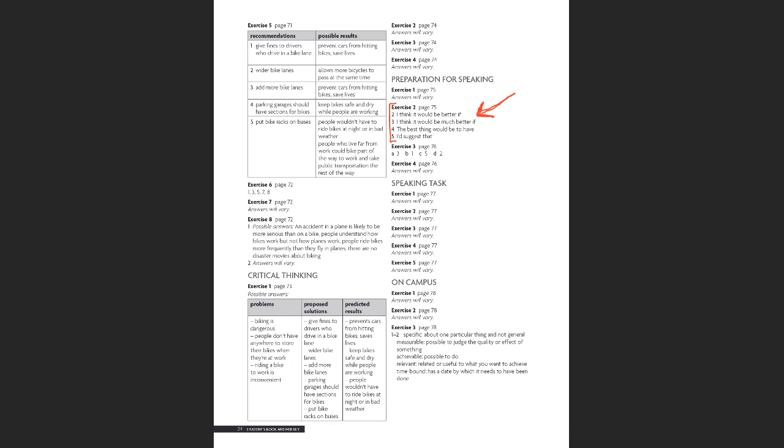And letter D will be number 2. Okay. Any questions there? This part on the screen, exercise 3. No, teacher, not me. Everybody good?